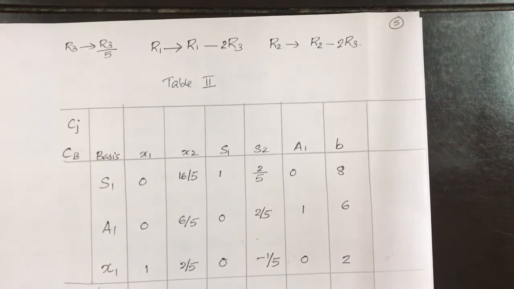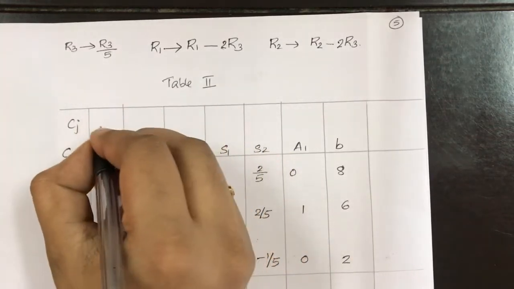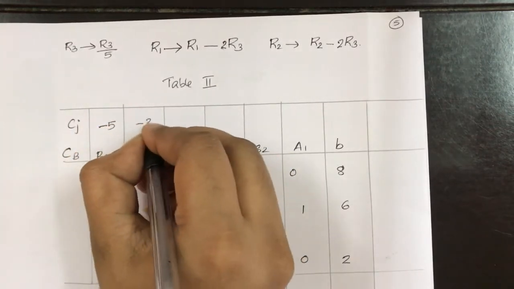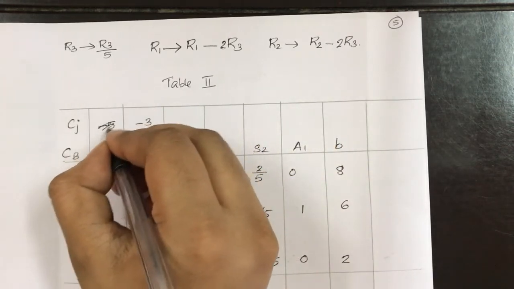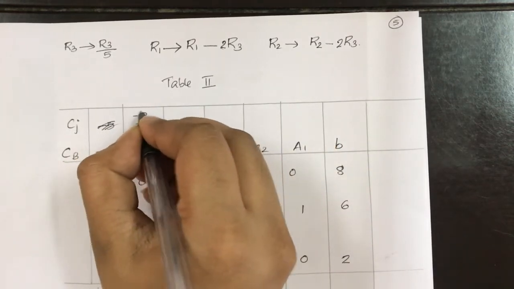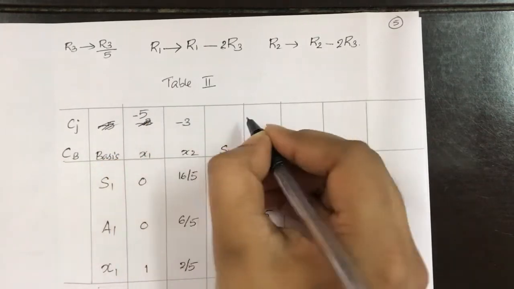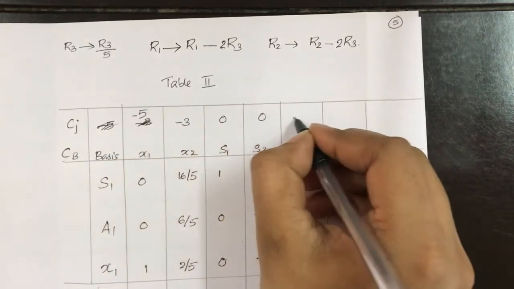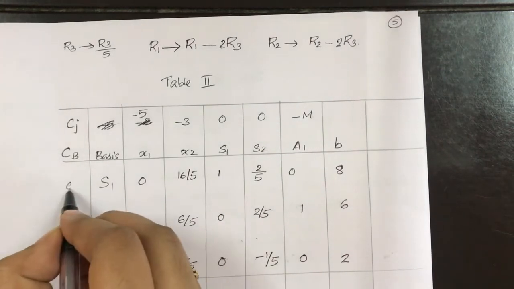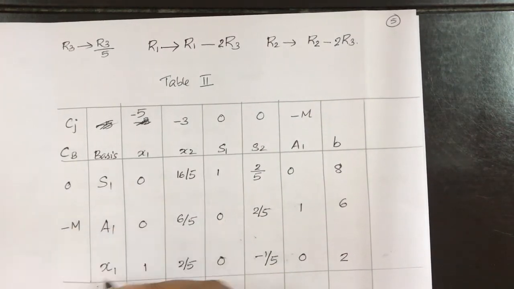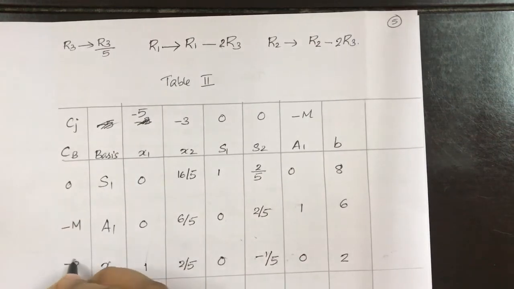Then write the Cj values and Cb values. Cj values are -5, -3, 0, 0, -m. And Cb values 0, -m for x1, that is -5.